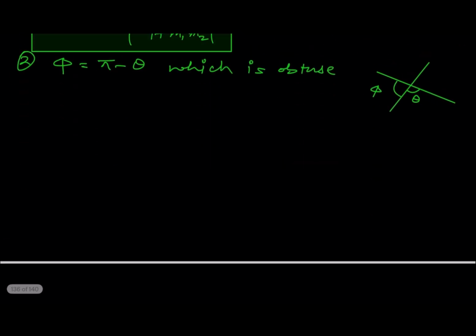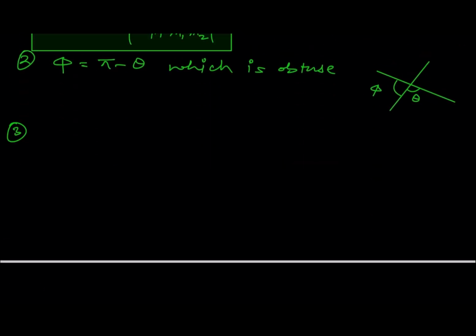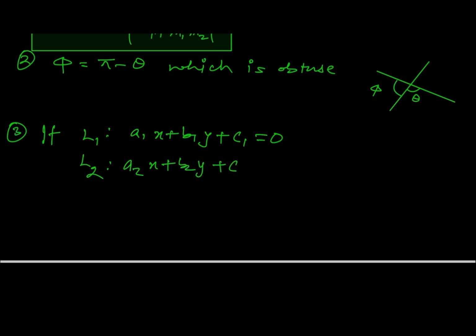Okay. Now note 3. Note 3 is if L1 is a1x plus b1y plus c1 is equal to 0 and L2 is a2x plus b2y plus c2 is equal to 0.